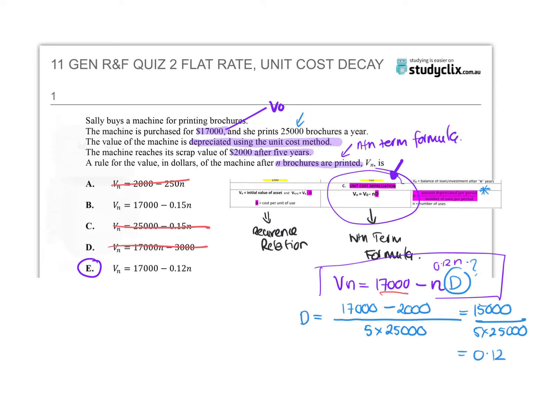I'm crossing out that one there because it's got n in it. We don't have that in our formula. It shouldn't be there. So you got down to 2 selections. So it just shows you how you could quickly do it. If you were running out of time, at least eliminate some quick ones, and then you've got a 50-50 if you can't work out the next bit.